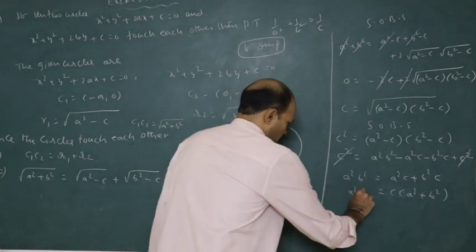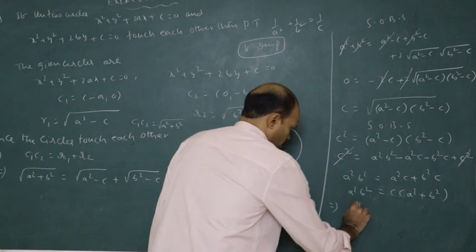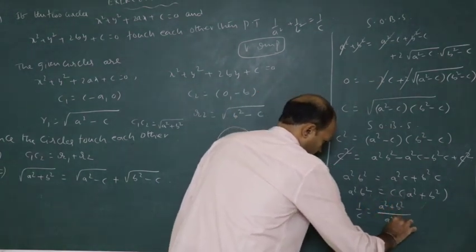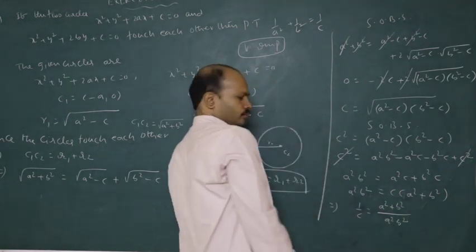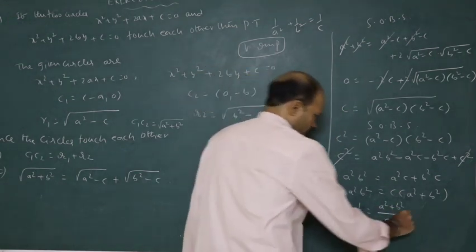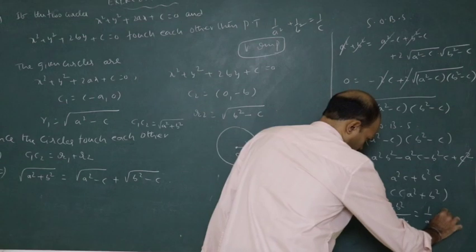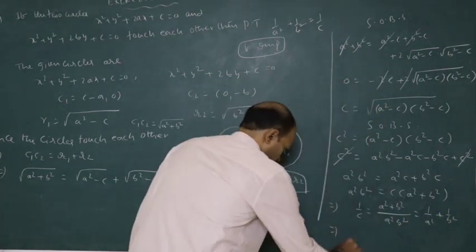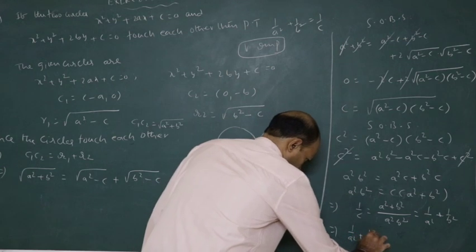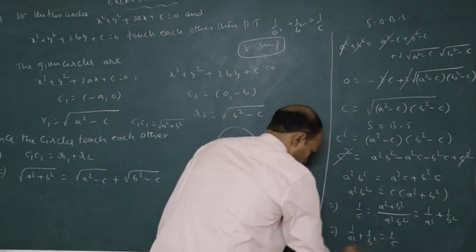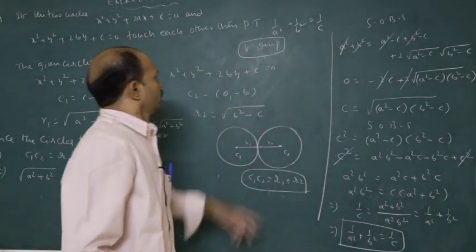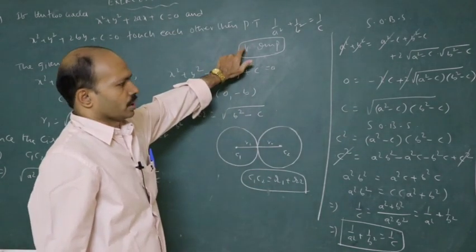Do the cross multiplication of the terms: 1 by c is equal to a square plus b square by a square b square. Individually, if you divide, 1 by a square plus 1 by b square. So therefore, it follows that 1 by a square plus 1 by b square is equal to 1 by c. It is also another very important question.